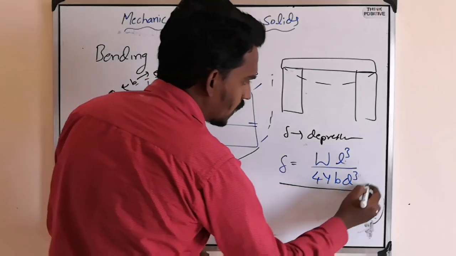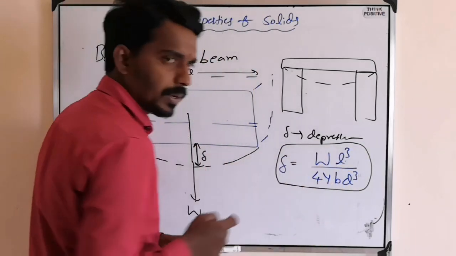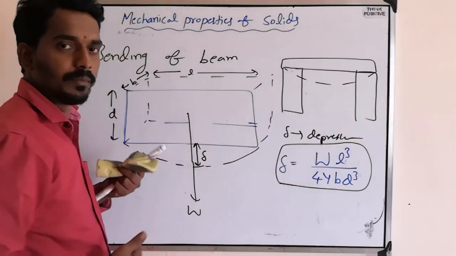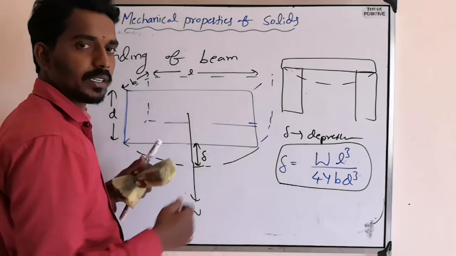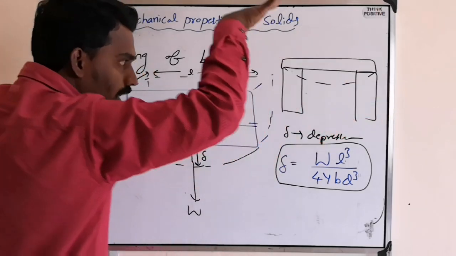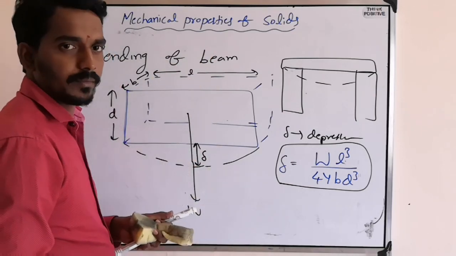So if you consider this formula, the depression is directly proportional to L³. So the greater the length of the beam, as I said, like 1 kilometer, the depression is more, it will bend more and collapse easily. Or if the depth, thickness, is less, then depression is more and it will collapse easily.